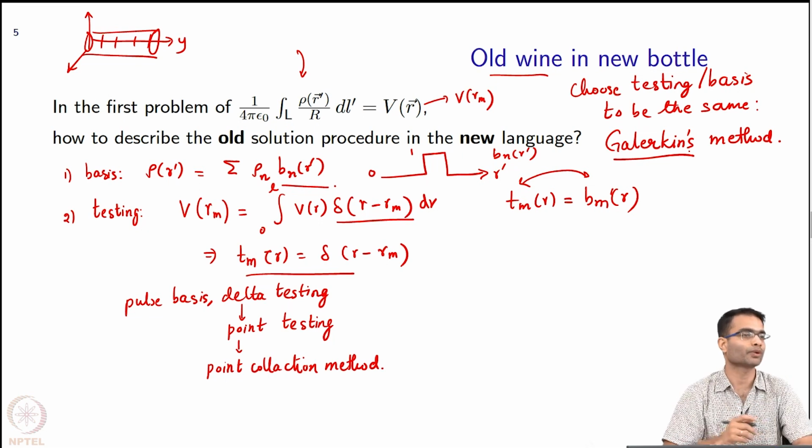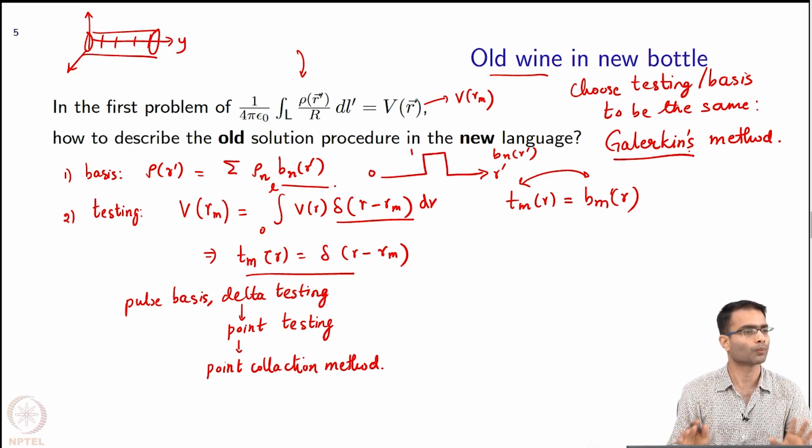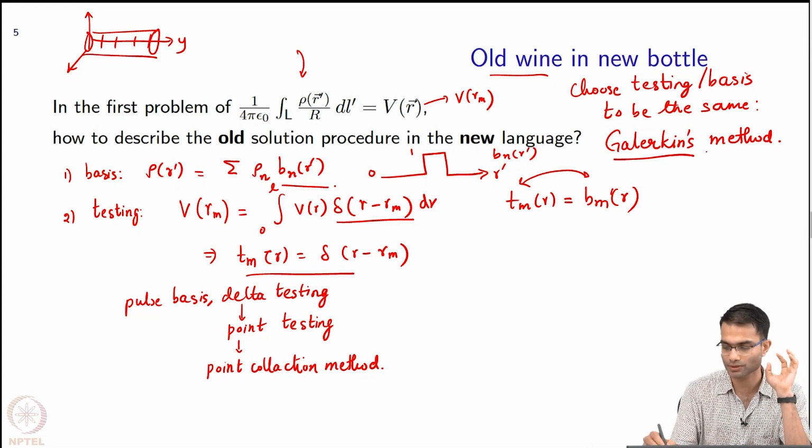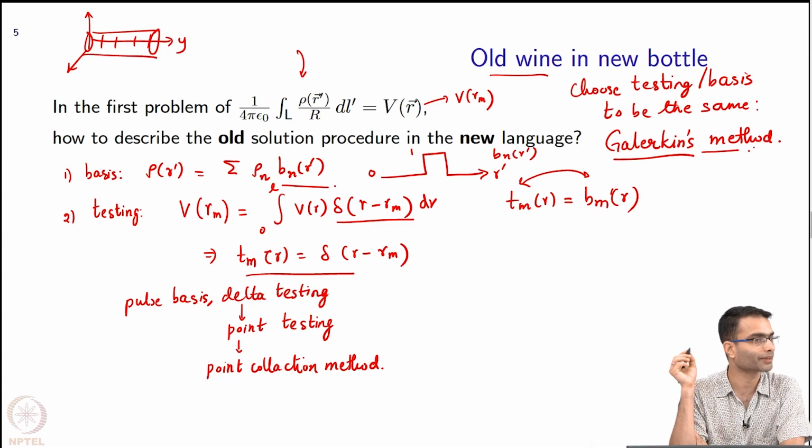So if you read anywhere that Galerkin's method was applied, it means the testing function and the basis function, whatever they may be, were the same. It's not necessary that they have to be pulse basis functions, they could be triangle or anything else. So that's Galerkin's method, which is also very popular in finite element methods.